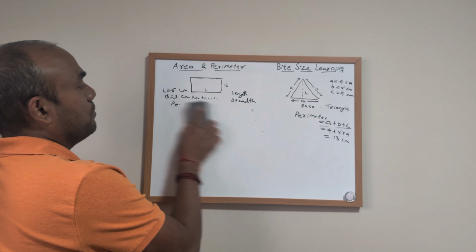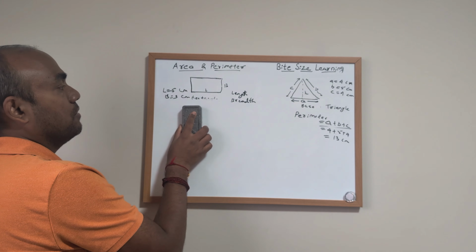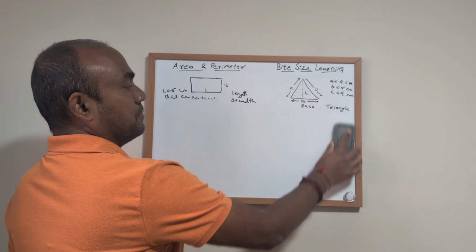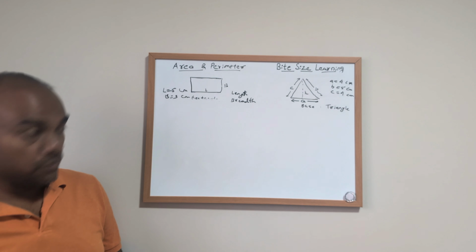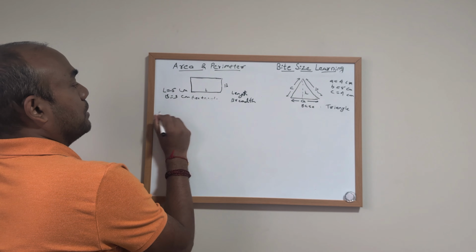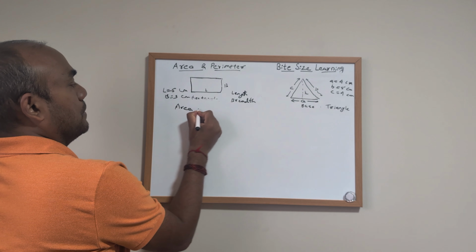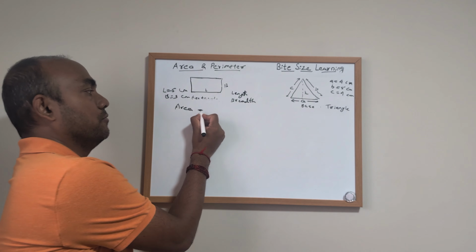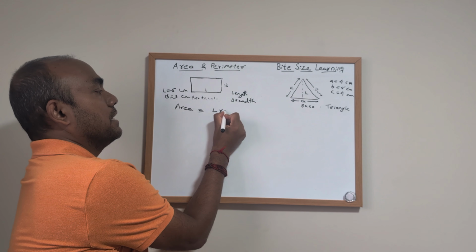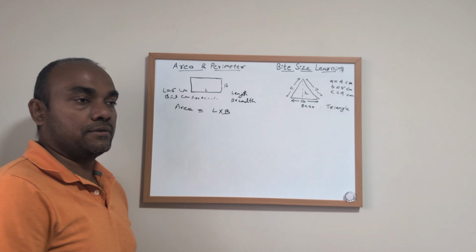Now let's talk about the area. How do you calculate the area of a rectangle? We discussed the formula: it is length times breadth, right?